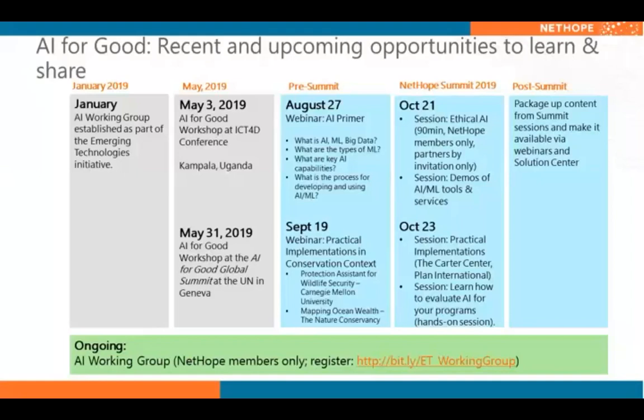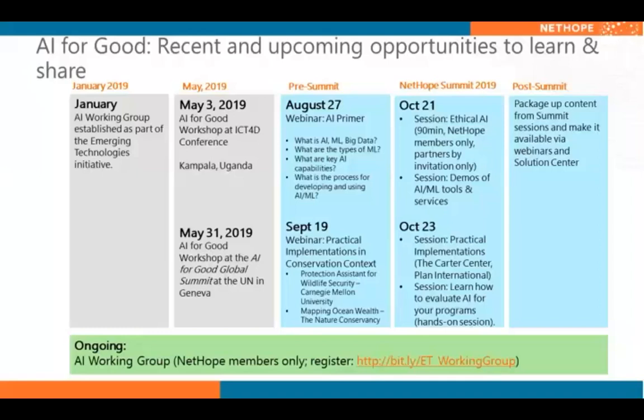First, capacity building through workshops and sharing of the practical implementations and lessons learned. Second, frameworks, guides, toolkits that can help us make the use of AI more efficient and more effective. And lastly, we've focused on facilitating the support needed for our sector to get started with exploring using AI in field programs, as well as to enhance our internal processes. And this webinar is focusing on the first pillar, capacity building.